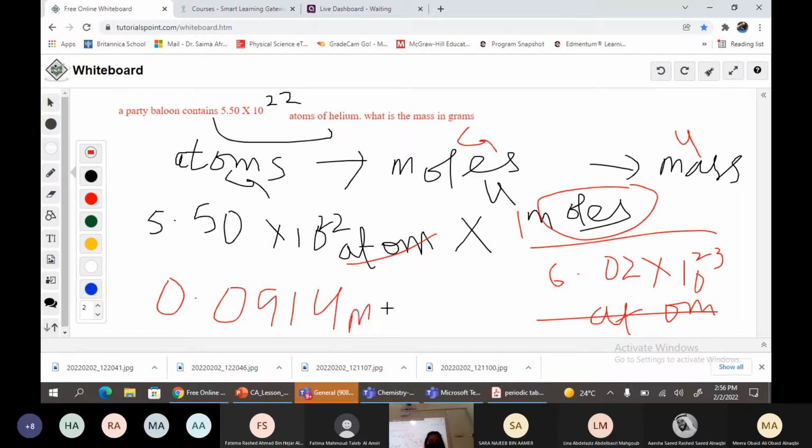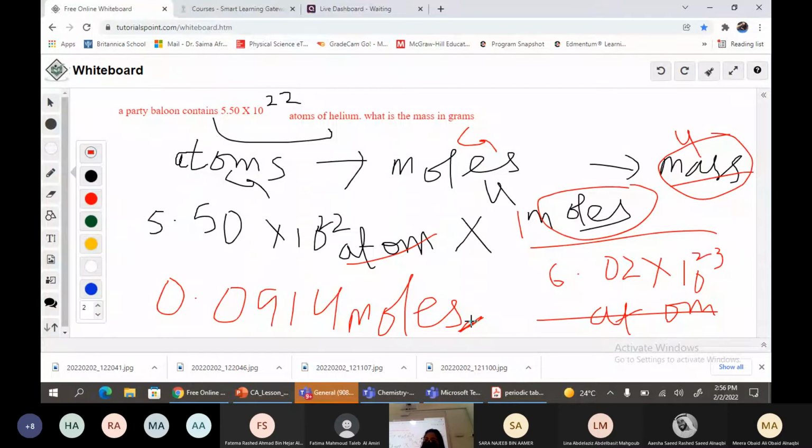Is this my final answer, Asil? This is not my final answer. What unit do I need for the final answer? Grams. So I will use this to solve the grams. You will do the second step by yourself. Do it, please. Use the moles to get the grams. Now the given is moles and the unknown is mass.